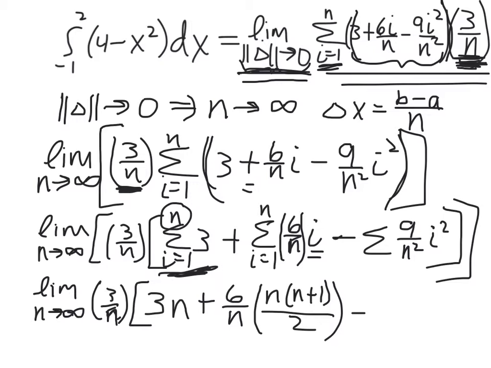And then our last part, we've got 9 over n squared that we can factor out. And now we're looking at the summation of i squared. And that one, again, the formula n times n plus 1 times 2n plus 1 all over 6. And then close that bracket. Almost ran out of room there.